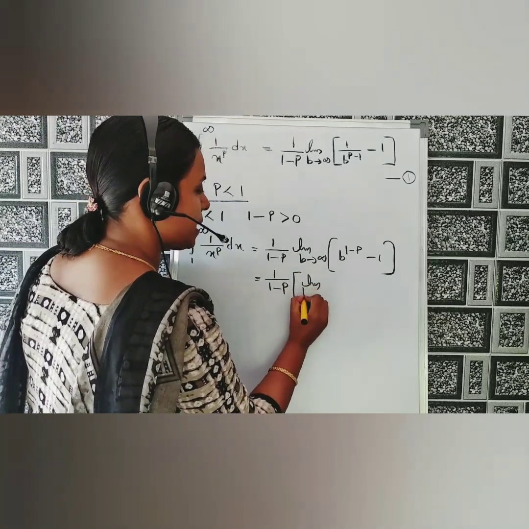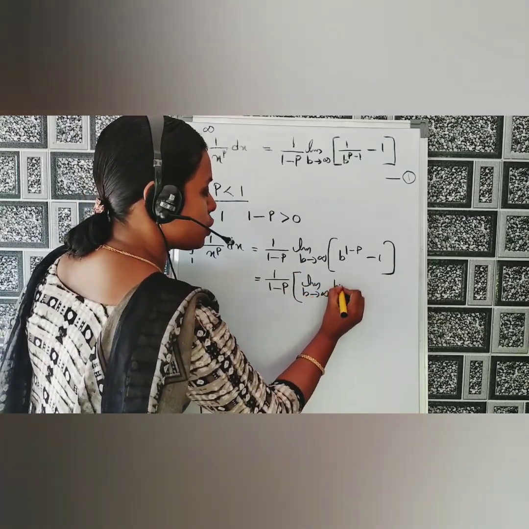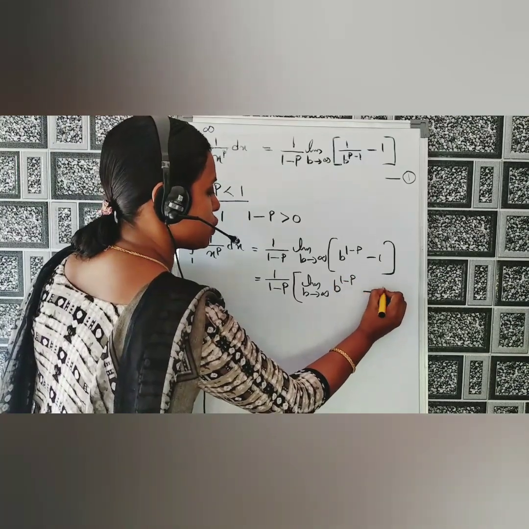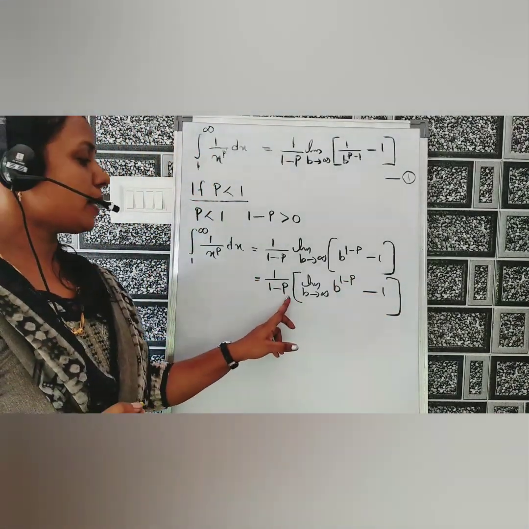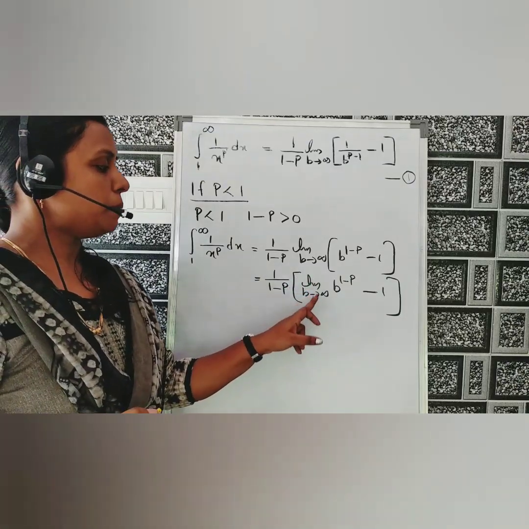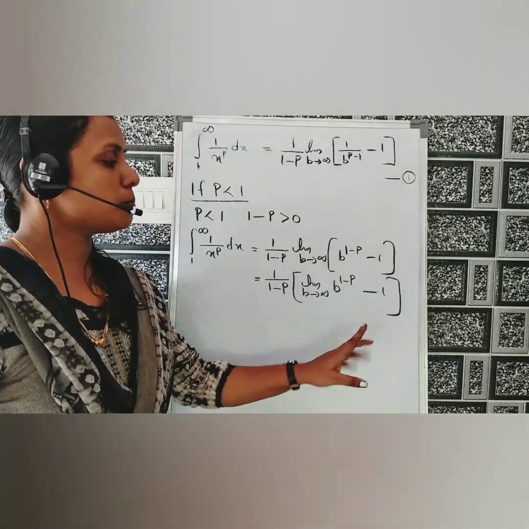Applying the limit we get 1 by 1 minus p into limit b tends to infinity of b raised to 1 minus p minus 1.